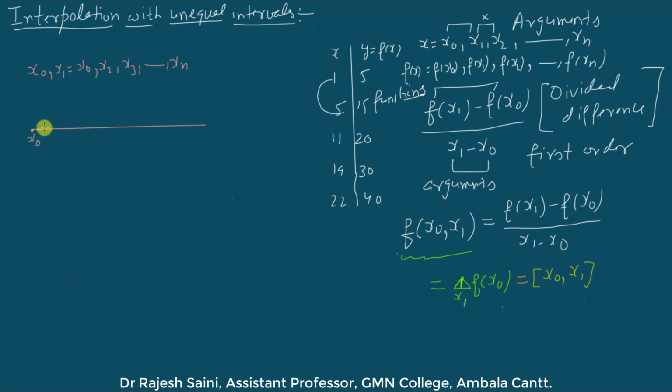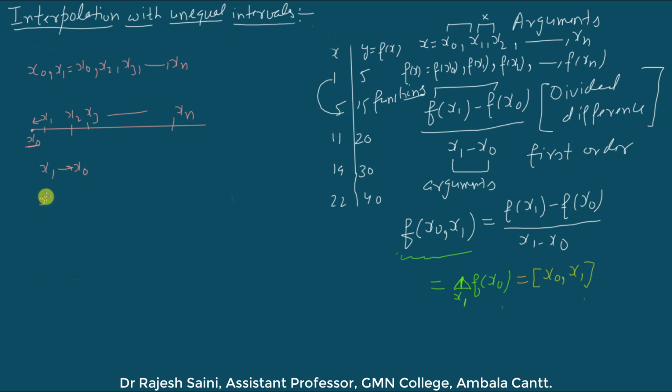This is x0, this is x1, another one is x2, another x3 and up to xn. Now x1 is very close to x0.